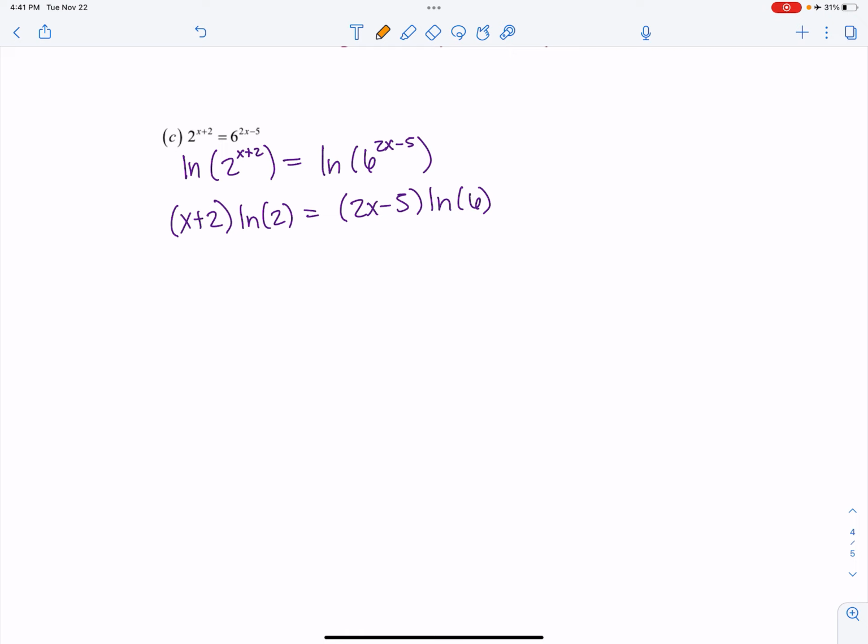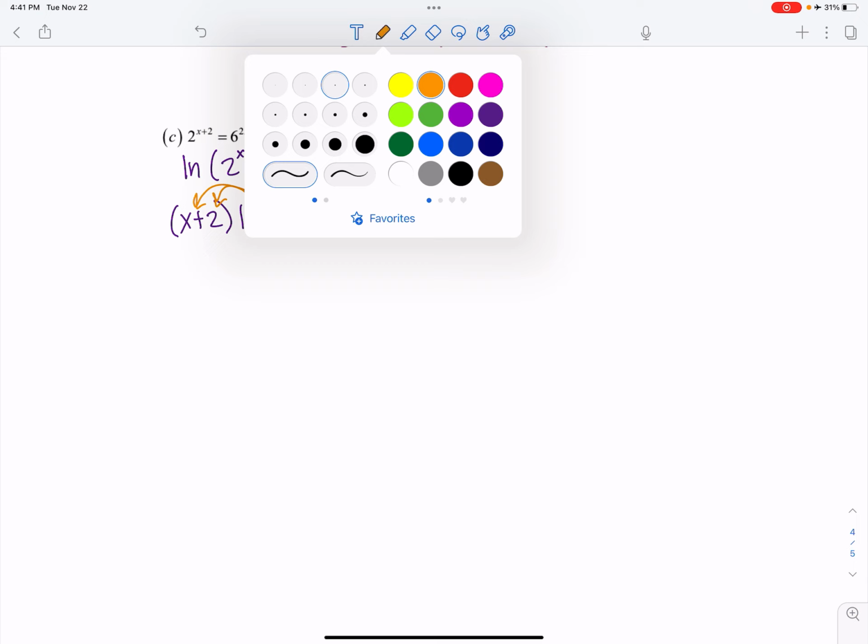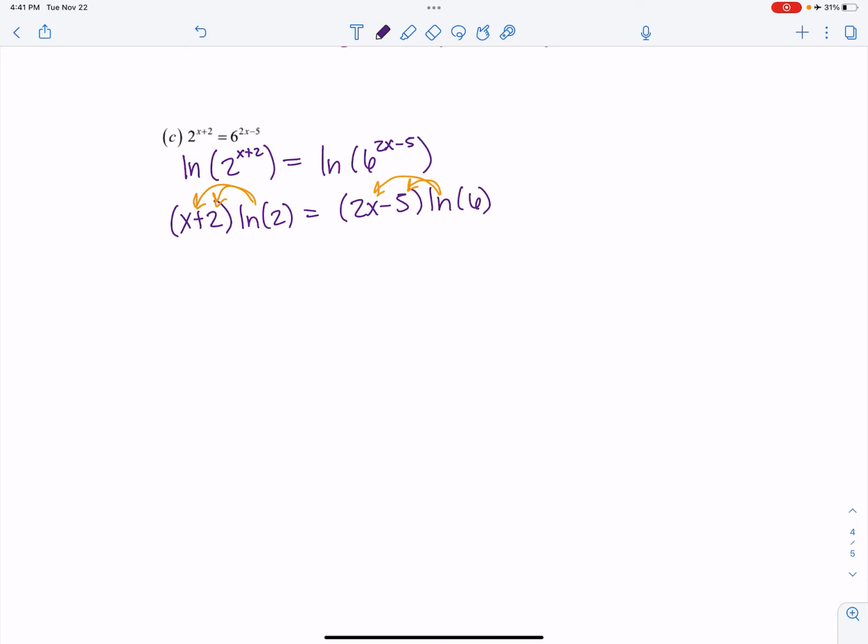Okay, so now we have these products going on. What we have to do is distribute here before we can get our variable alone. We're kind of breaking that parentheses apart by distributing. So we have x natural log of 2 plus 2 natural log of 2 equals 2x natural log of 6 minus 5 natural log of 6.